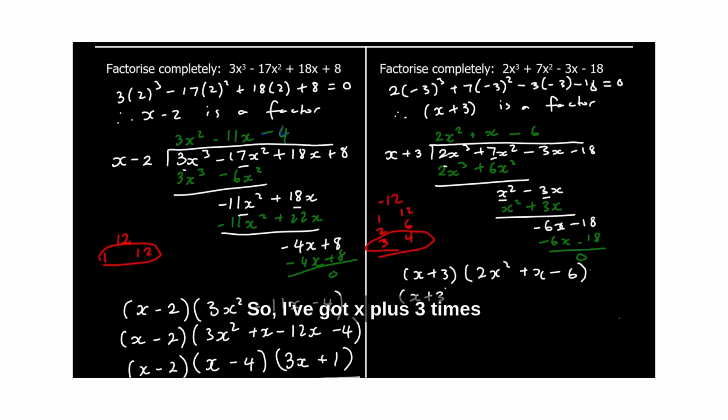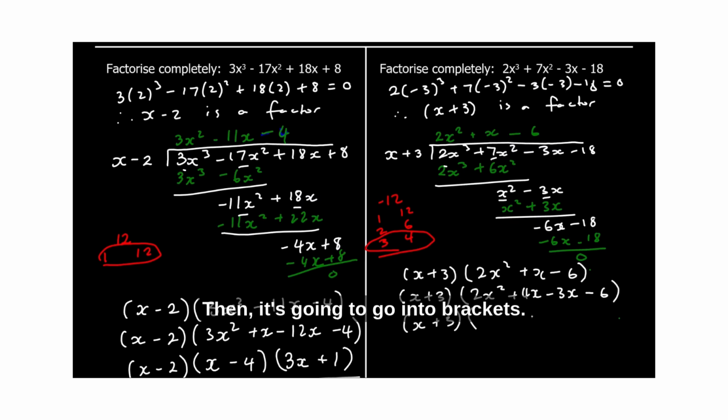So I've got x plus 3 times 2x squared, I want a positive 1, so I'm going to have plus 4x minus 3x minus 6. And then it's going to go into brackets. What can I take out of the first two terms? That's 2x. So we've got a 2 in and an x in.